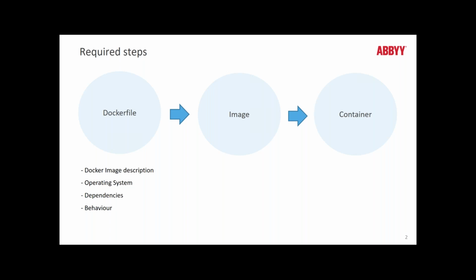It describes, for example, what operating system we want to use in our images or containers. We can install any necessary dependencies or requirements, and we can also describe the behavior, what should happen when we create an image or a container.